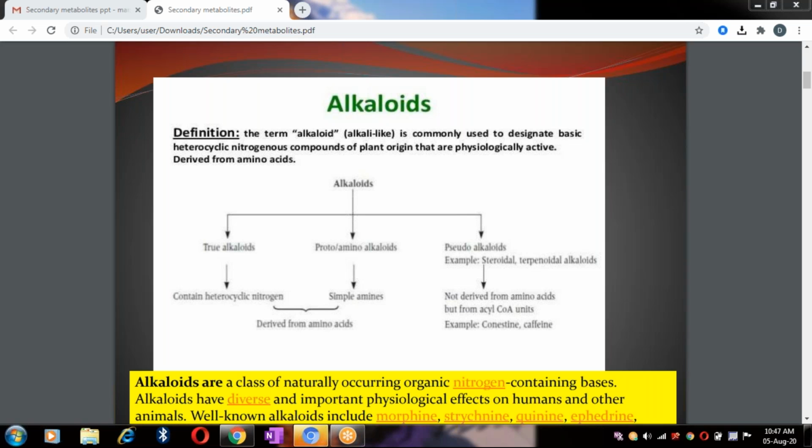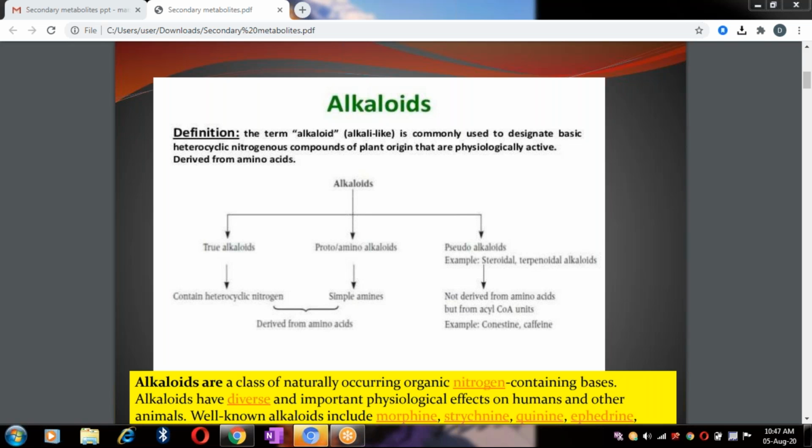Next, we also discussed their chemical nature, that most alkaloids are basic in reaction because of the availability of a lone pair of electrons on nitrogen. They are categorized into primary amines, secondary amines, tertiary amines, and quaternary ammonium compounds.